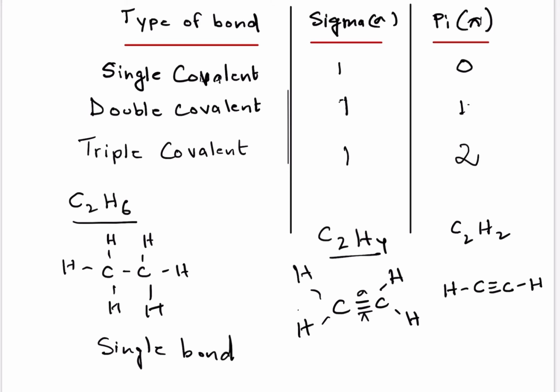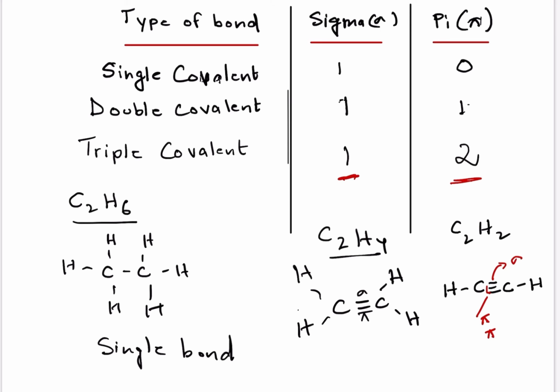This one, if I mark it with red, is a sigma bond, and the other two are pi bond and pi bond. So we can say a triple covalent bond has one sigma bond and two pi bonds.